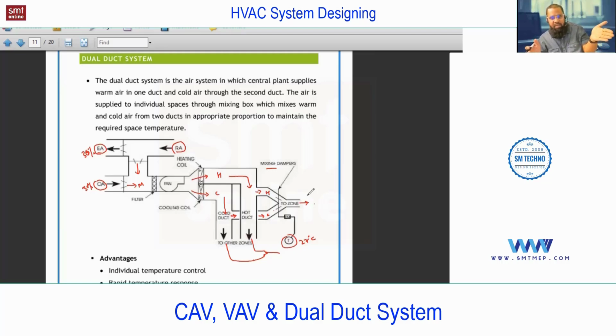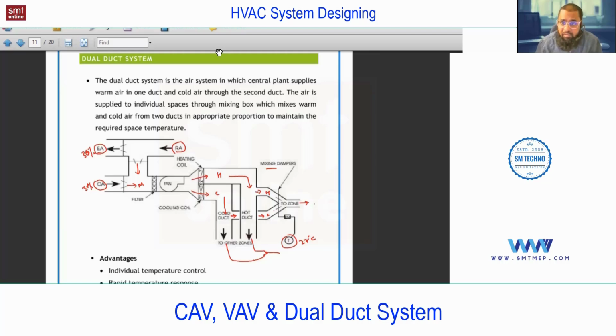At the start, we require, say, 32 degrees centigrade. And as per the process, after say 15 minutes or 1 hour, we require, say, 22 degrees centigrade. So this can be achieved with this system because both the airs are available. The required temperature can be attained just with the mixing as per what you set in the thermostat. Quickly you'll get the required temperature in the space because both the airs are available, right? So the major advantage in this is quick response in temperature.